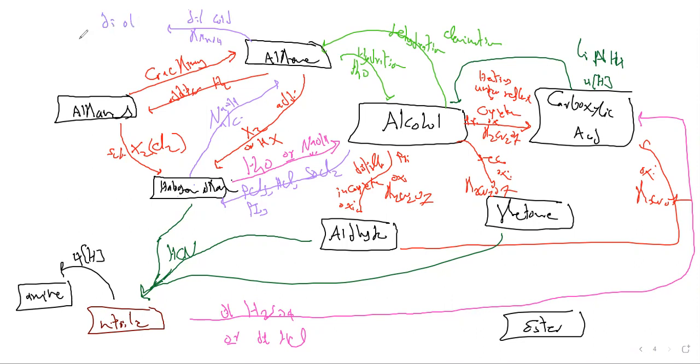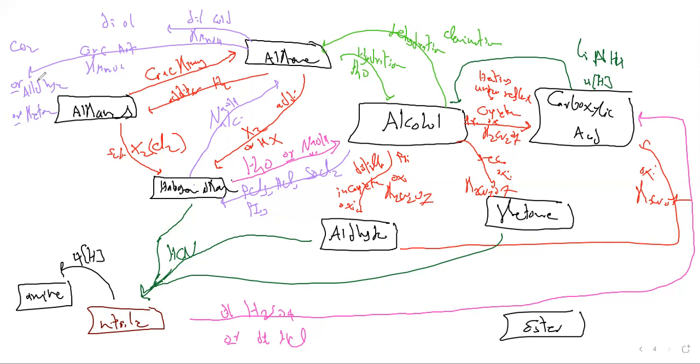While if we adding concentrated hot potassium manganate, it will form carbon dioxide, or it can form other compounds, aldehyde or ketones. So it will form CO2 or aldehyde or ketone.